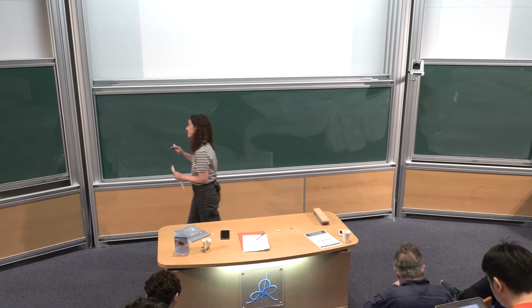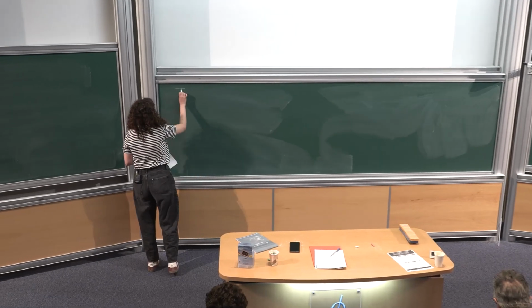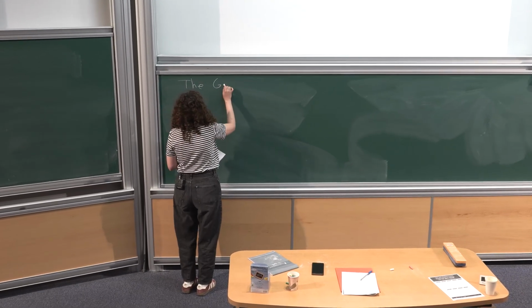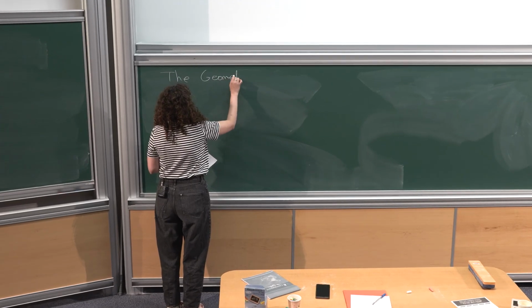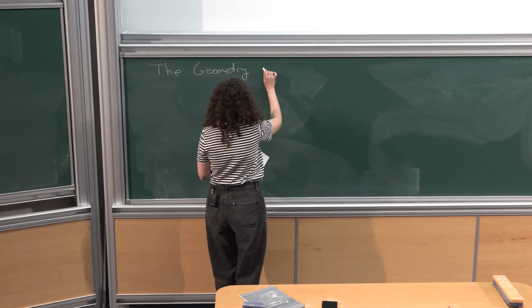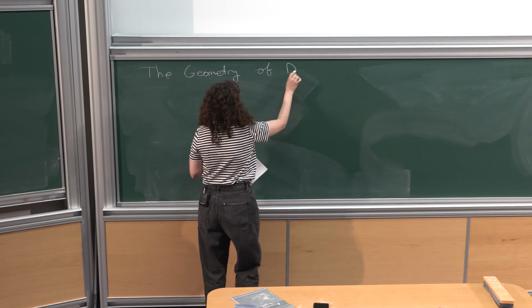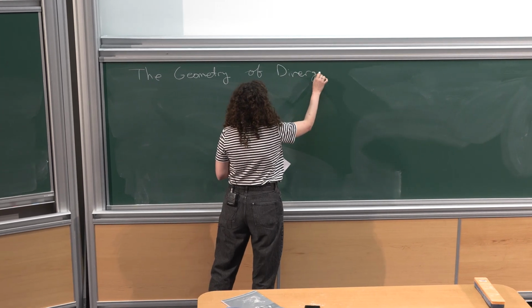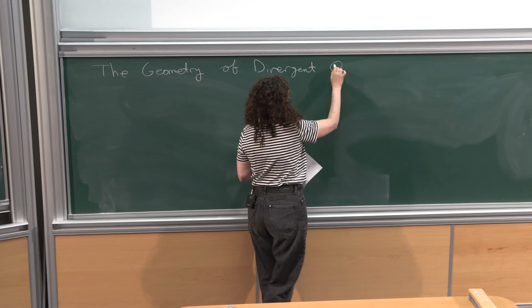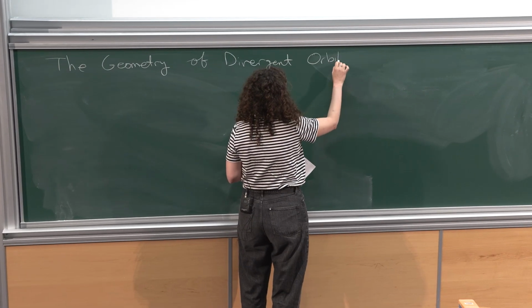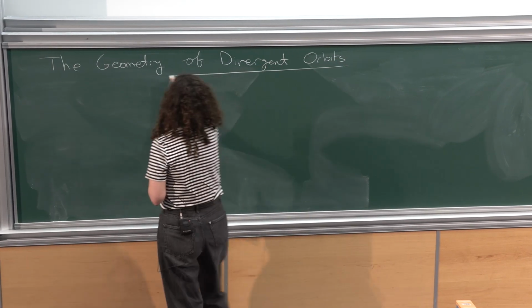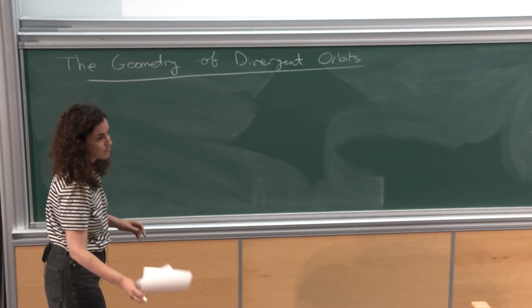Okay, so my topic, I will write it down, is the geometry of divergent orbits.